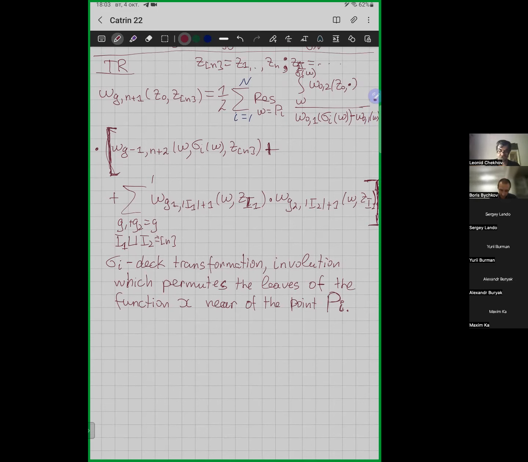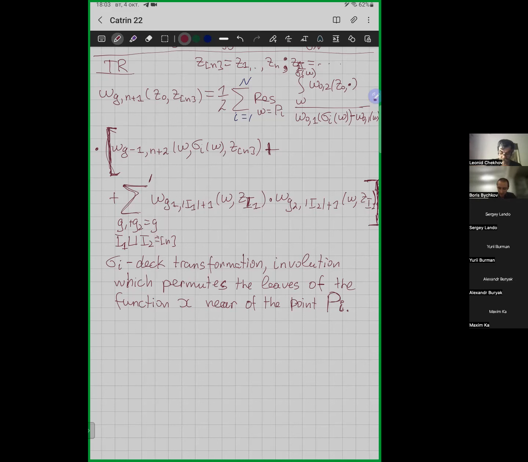Prime here in this summation means that we exclude cases when both G is equal to 0 and N is empty, so I1 or I2 are empty.